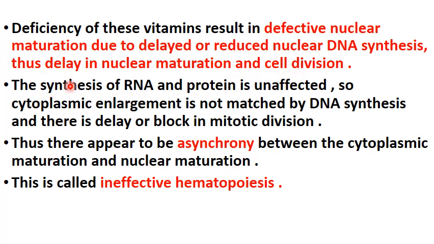The synthesis of RNA and protein is unaffected. Only maturation and cell division are affected, because it affects the nuclear DNA only, while the cytoplasm, the RNA, and the protein are not affected. Therefore, the cytoplasmic enlargement is not matched by DNA synthesis, and so there is delay or block in mitotic division.